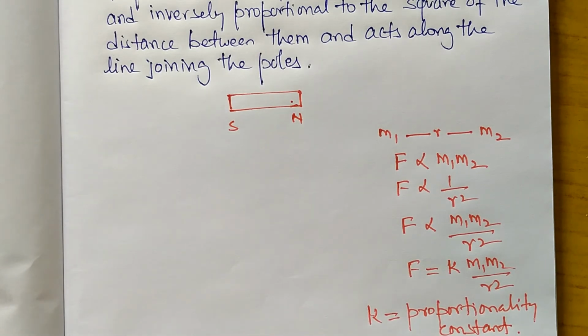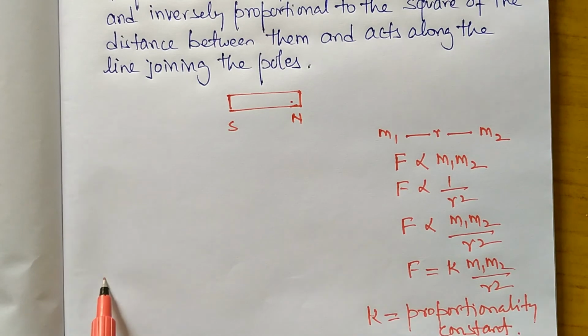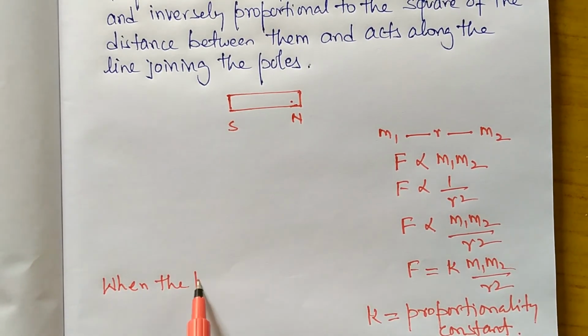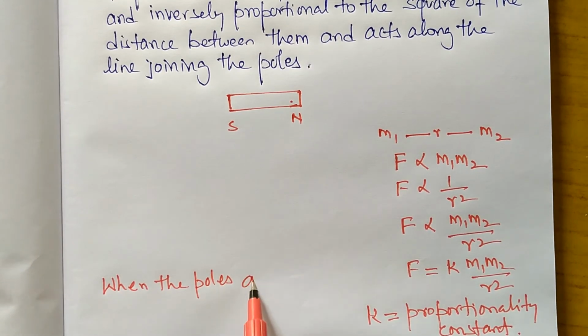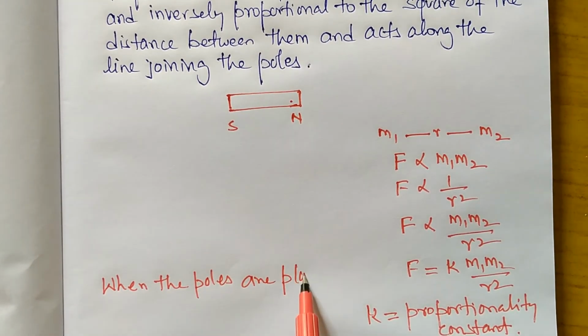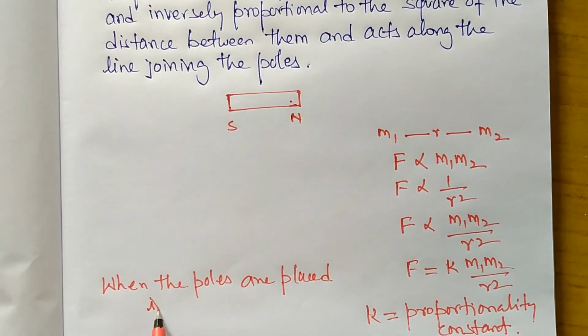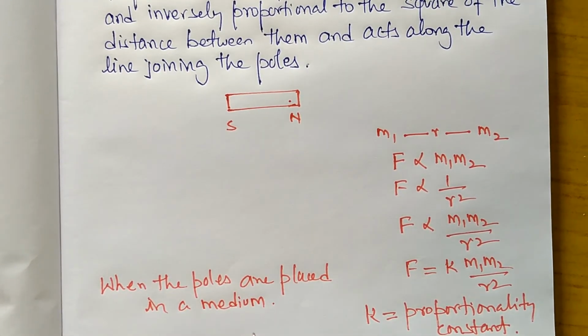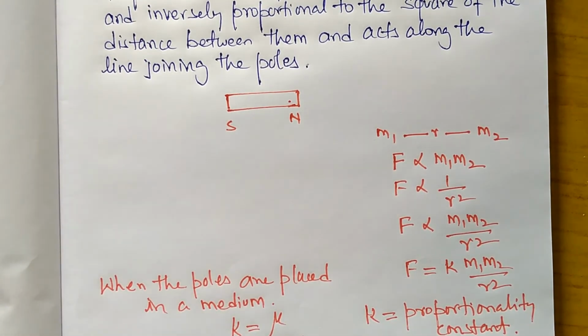Now, what happens when these two poles are placed in a medium? When the poles are placed in a medium, the value of K is taken as K is equal to mu by 4 pi.